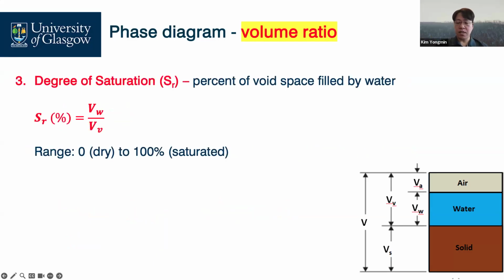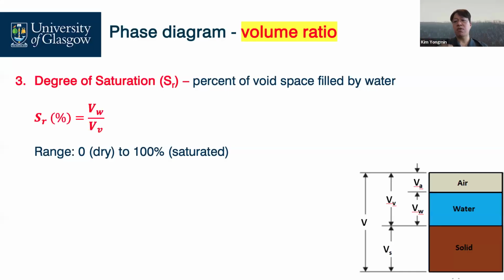And then the third thing in the volume ratios is the degree of saturation, which is the ratio of the volume of water to the volume of void. We are not talking about air. We only consider water in the void.